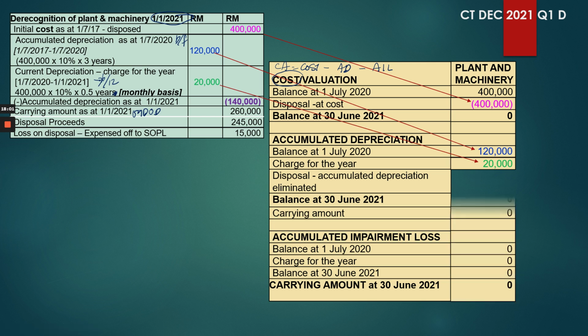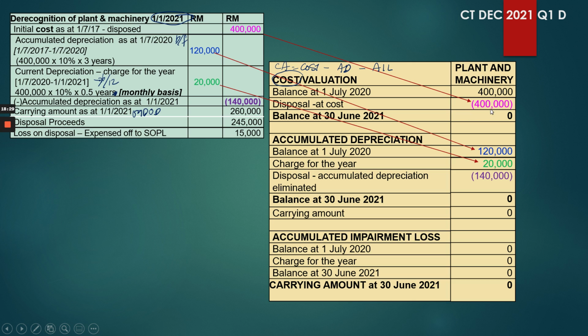And then you need to go and eliminate the accumulated depreciation. So why do you eliminate? The reason is because the asset is being disposed. Not only the cost must be removed as you do it here, but it must also be removed with the accumulated depreciation relating to the asset. So the balance at the end of the year for the accumulated depreciation is 0 because everything has been closed. The account has been closed.